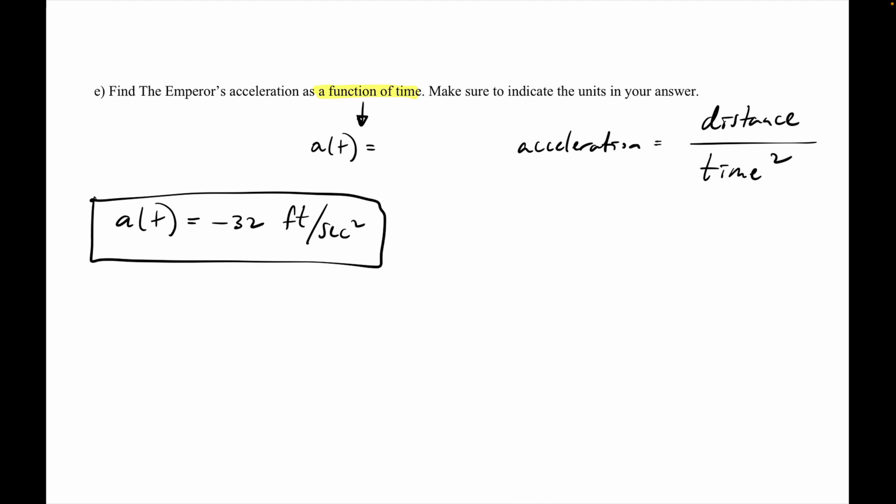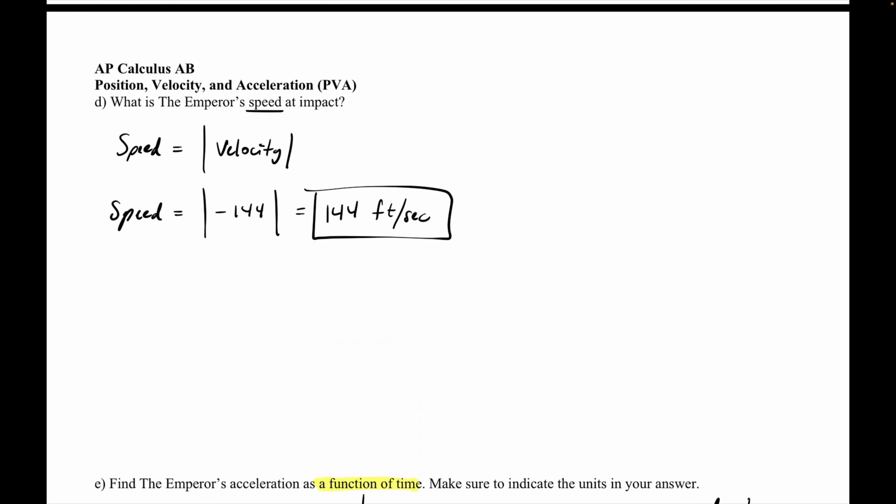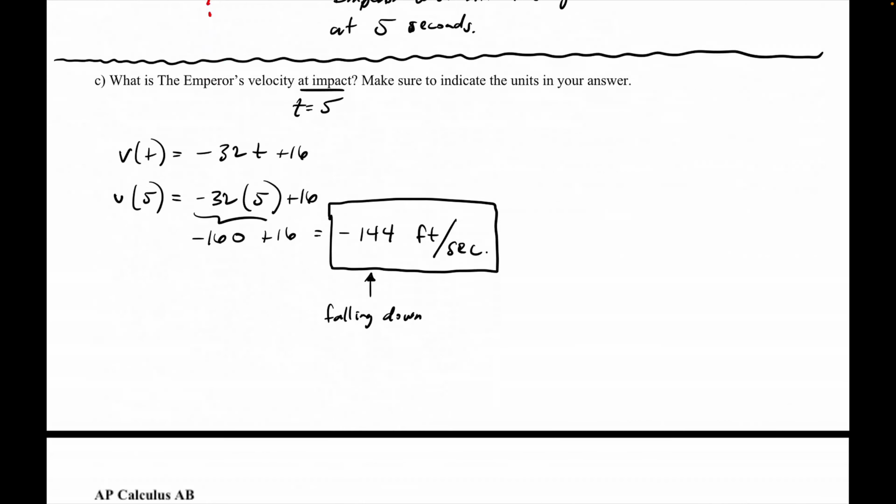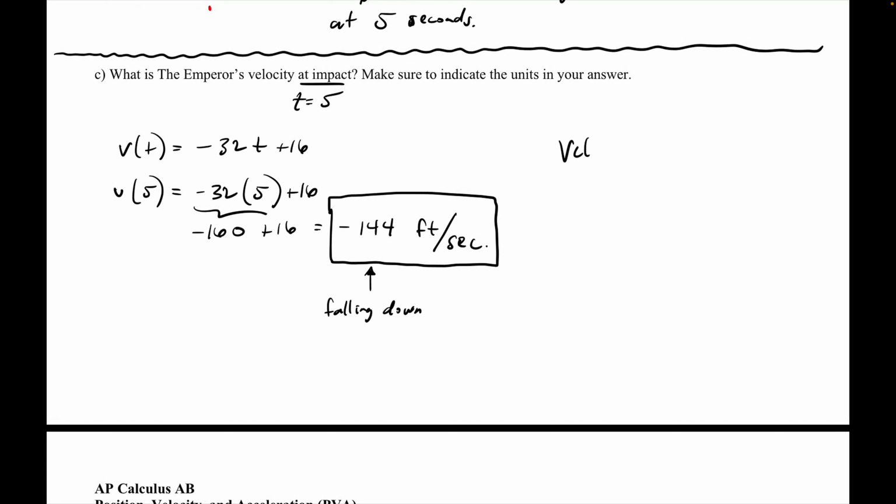So if they ask you for units for acceleration, it's always distance over time squared. Velocity is just distance over time. I'll write that down. Velocity is distance over time.